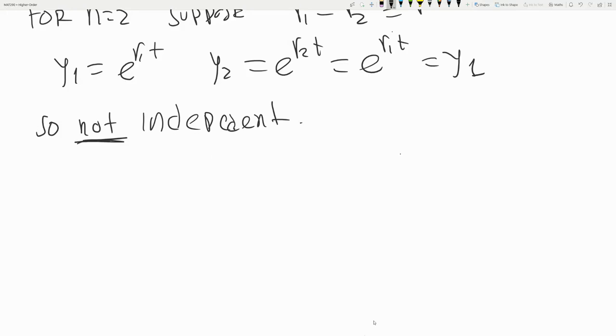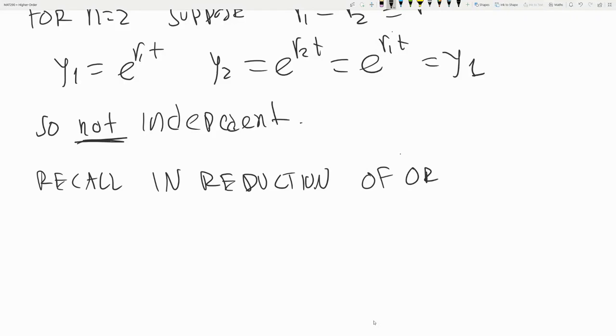Okay. So recall in reduction of order, we had the standard form equation.